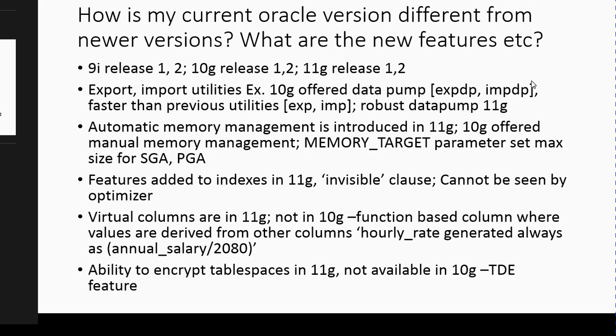Another example is automatic memory management, which was introduced in 11G. In 10G, for example, automatic memory management was not available, so you had to do everything manually. You had to manually resize the PGA and the SGA.